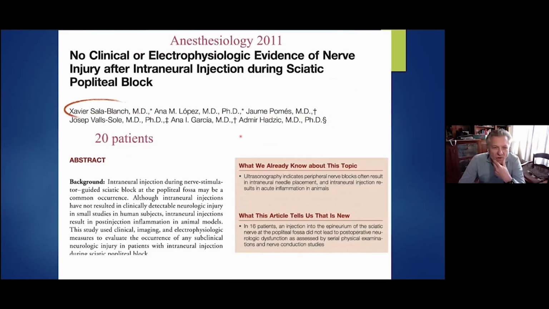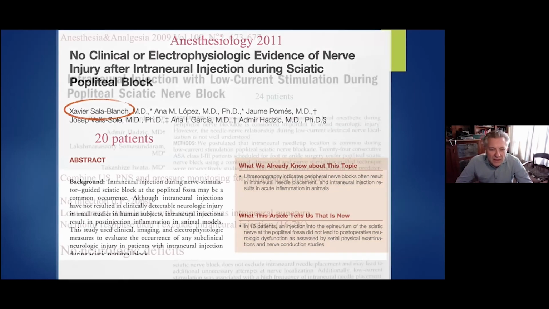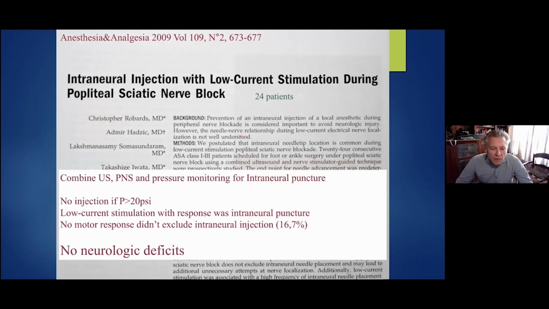Another study, in 2011, from Savisala Blanche, performed an intraneural injection with a peripheral nerve stimulator, and in only 20 patients, again a statistical problem to have significance. This one, from the group of Admir Adzik, used 24 patients. They combined ultrasound, peripheral nerve stimulator, and pressure monitor for an intraneural puncture.